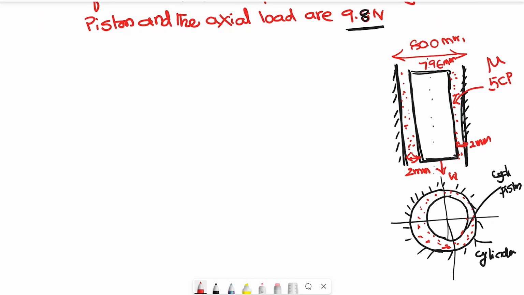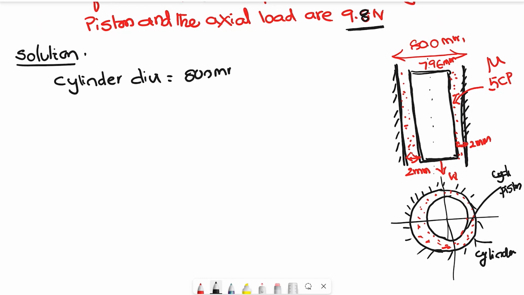So if I take this as the diagram, let us now write the solution part of it. One thing I will take first: cylinder diameter is equal to 800 mm. Then piston diameter is equal to how much? 796 mm.